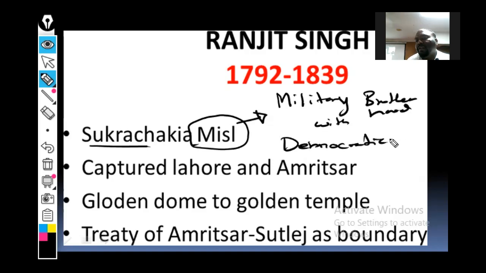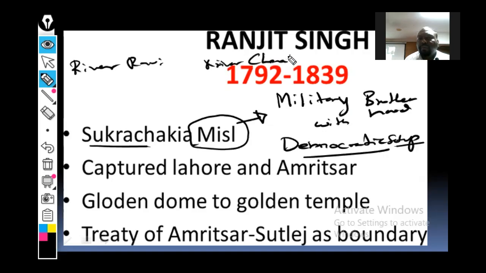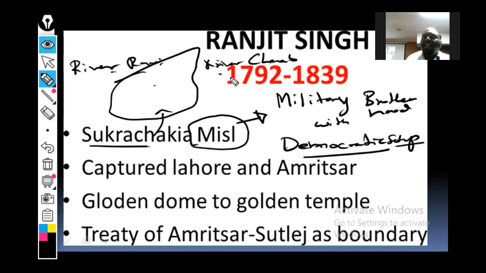That means the leaders of the misl would be elected by the people, by the elders. It is not hereditary. The Sukrachakia Misl controlled the territory between the river Ravi and the river Chenab.